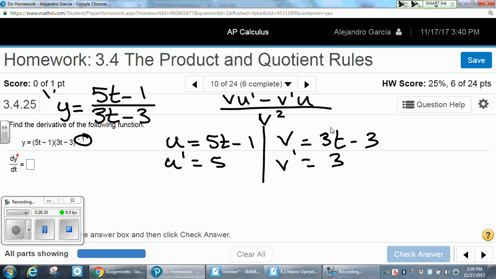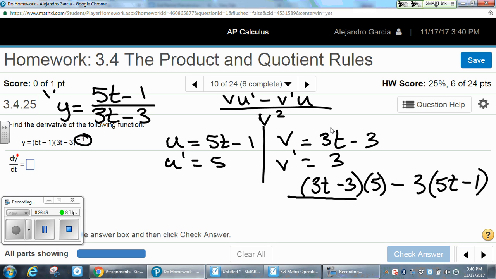And so I'm going to write one. So it is 3t minus 3 times u prime, which is 5, minus v prime, which is 3, times u, which is 5t minus 1. And then we divide everything by v squared. 3 squared, which is? 3t minus 9.